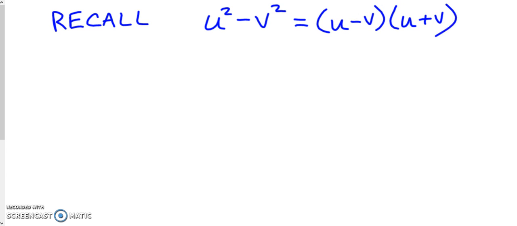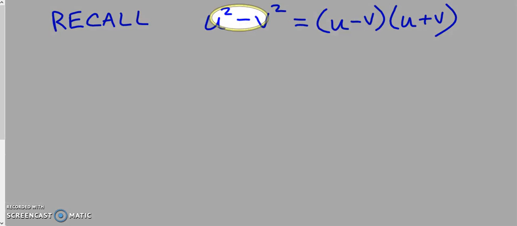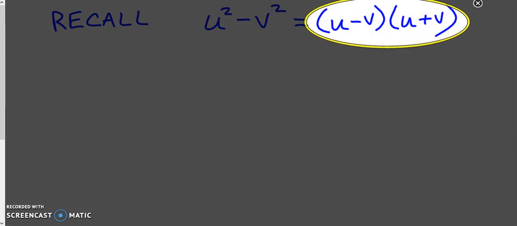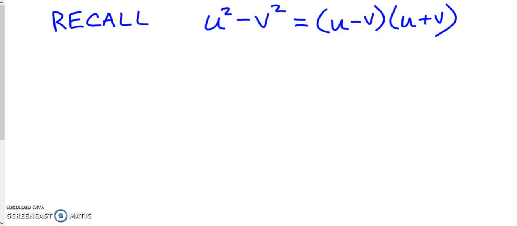Probably should have used a and b, but whatever, it's fine. So, from before we started on this side and ended up here, but now I want to take this thing right here and turn it into this thing right here. So basically I'm factoring it, I'm going backwards.